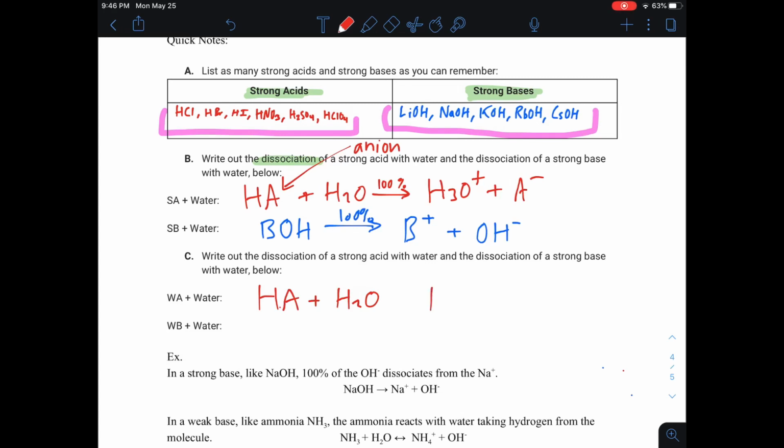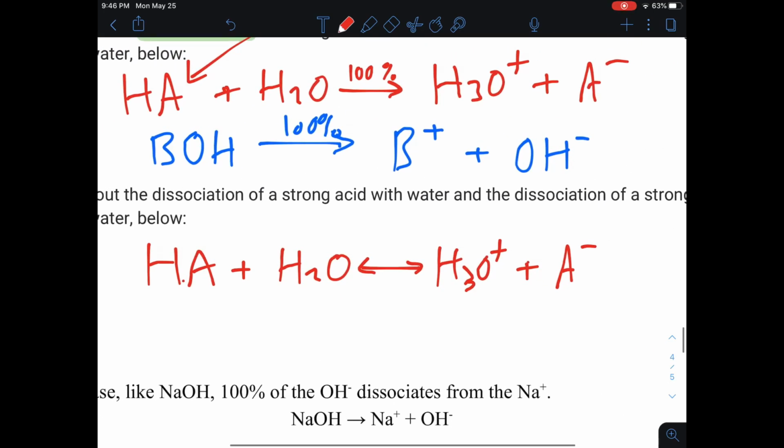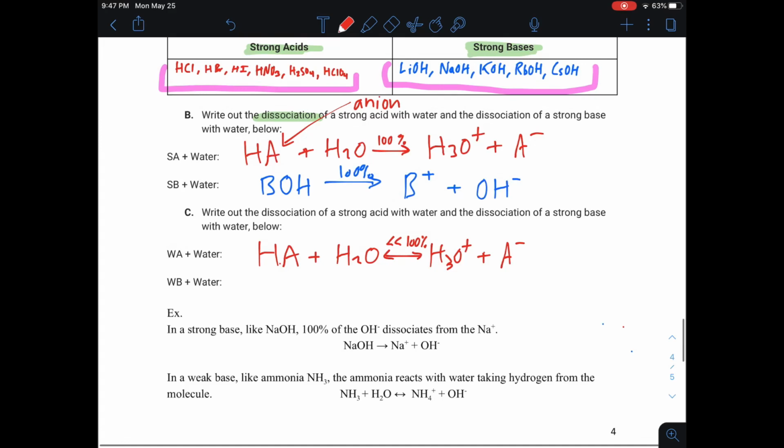And the funny thing is we're still going to produce some hydronium ion, and we're still going to be left over with some anion. But how much? I'm going to draw a double-sided arrow here, and I'm going to write a lot less than 100%, closer to 1%. Okay, so not much of this is going to dissociate.